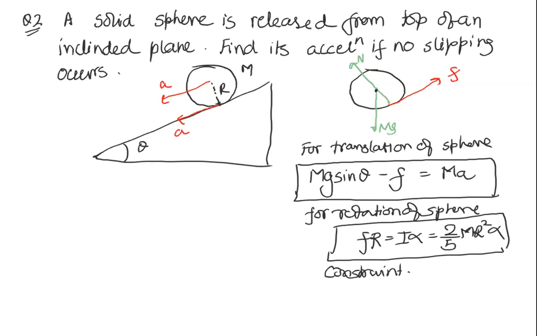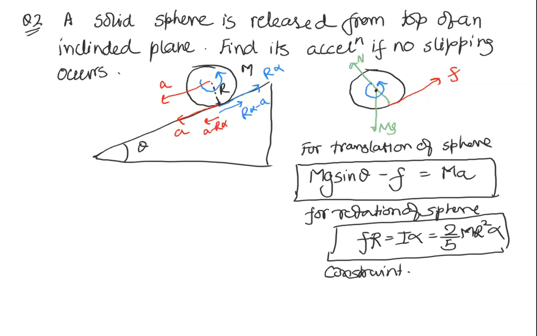But rotation is anti-clockwise because you see only torque is applied by friction. So therefore rotation must be anti-clockwise and therefore this must be R alpha. So A net we can say is either R alpha minus A in this direction, or we can say A net is A minus R alpha in this direction.